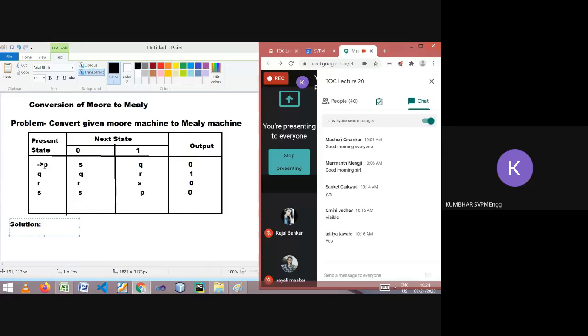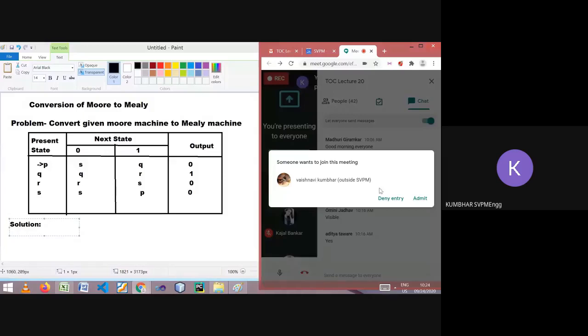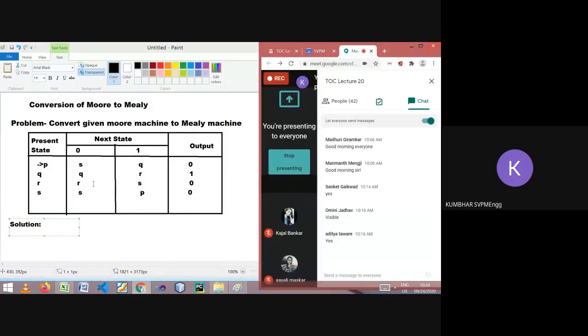Like suppose P is having output 0. We have to move this output associated with P to the transitions entering into the state. Transitions entering into the state means incoming edges in this next state part.